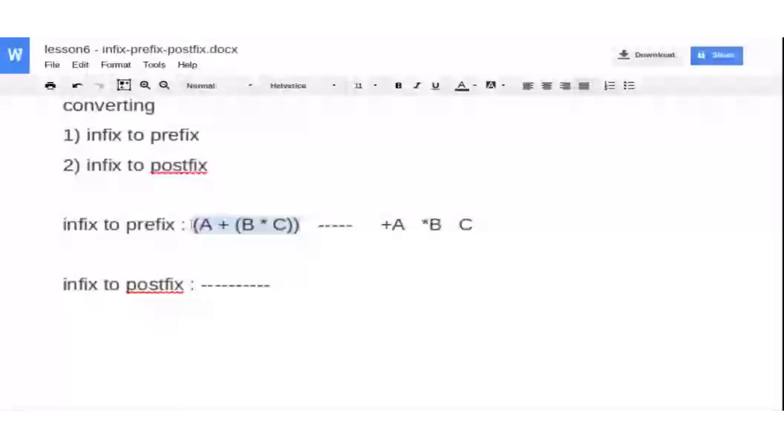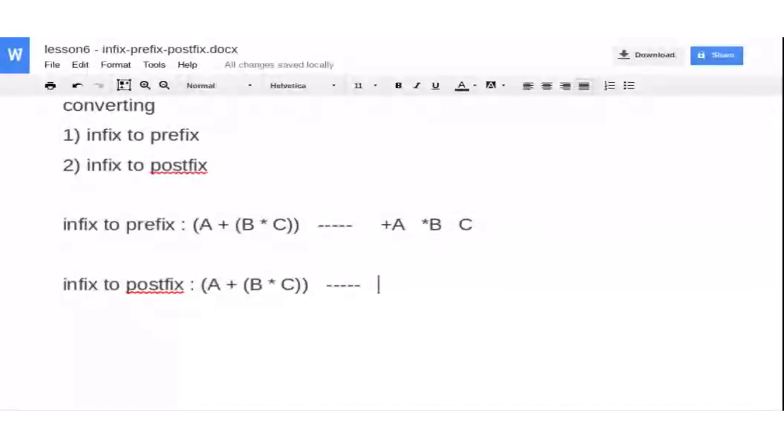Let's have it here instead. Okay, so we now want to convert our infix to postfix.